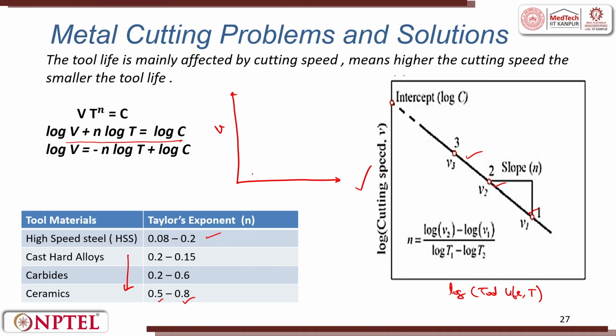If this is cutting speed, this is tool life T, suppose it is given in minutes, and cutting speed if I give it in meters per minute, it is something like this, because you can see an exponent V T power n is equal to C. So as the cutting speed is decreased, the tool life is increasing. At the higher cutting speeds, the tool life is lower. So this is our hyperbola here.